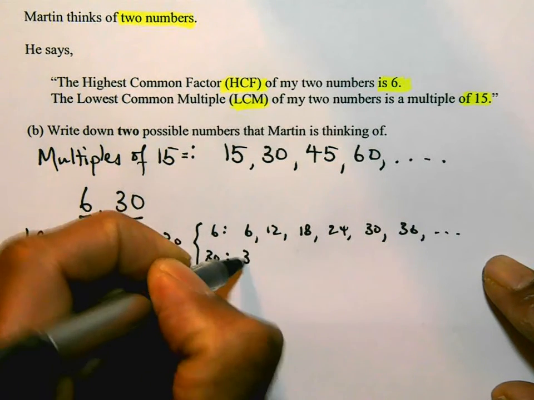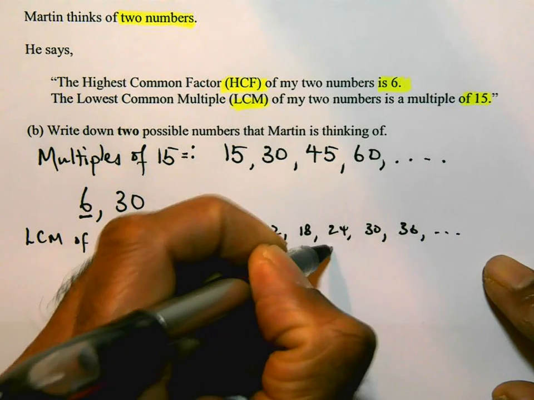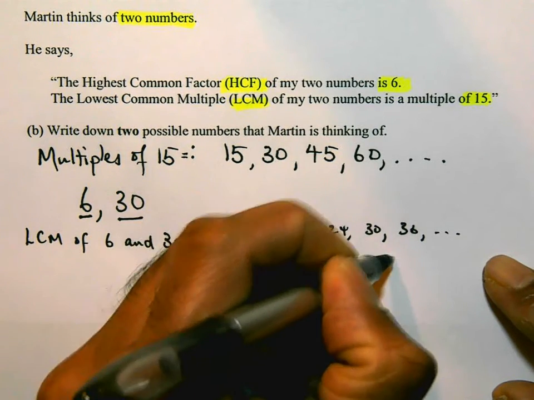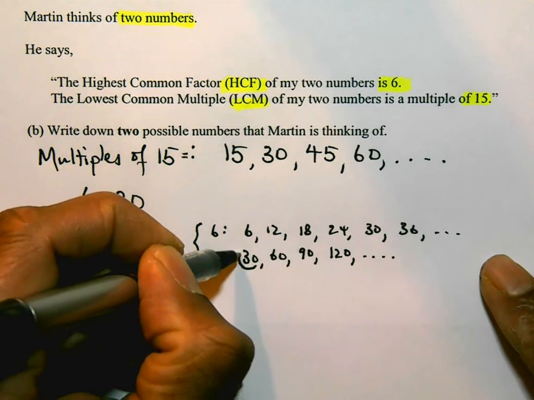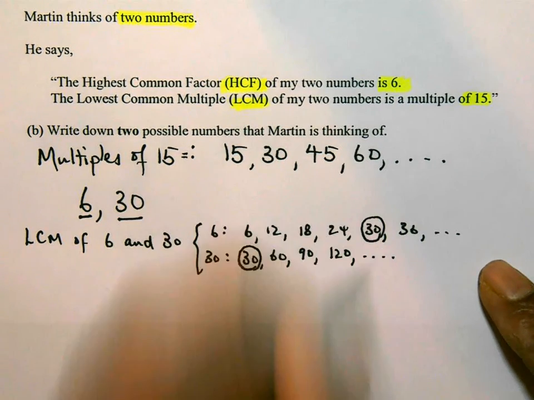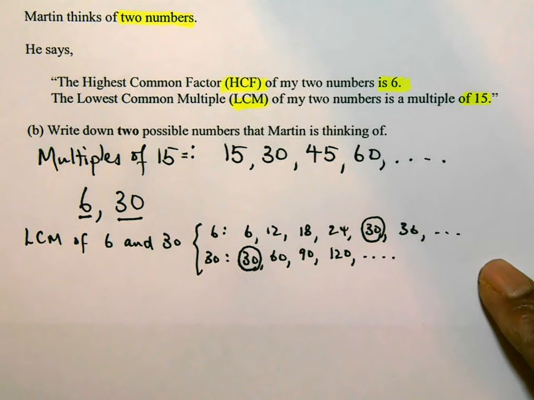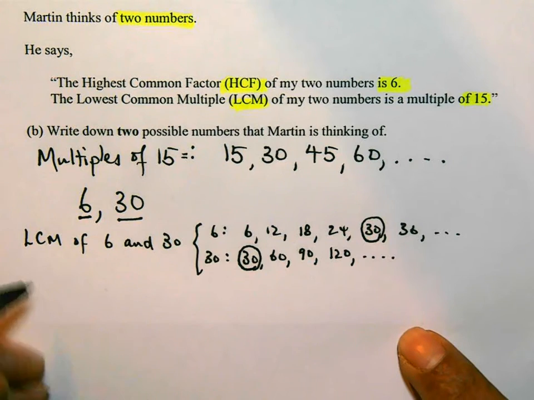And then the multiples of 30 are 30, 60, 90, 120, and so on. And the lowest common multiple of both of those, the lowest number that's common to both of them, if you think about this, is 30. And 30 is a multiple of 15.